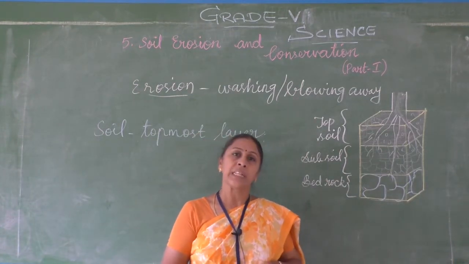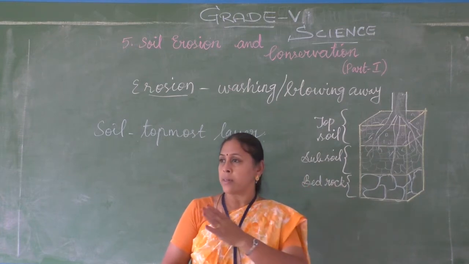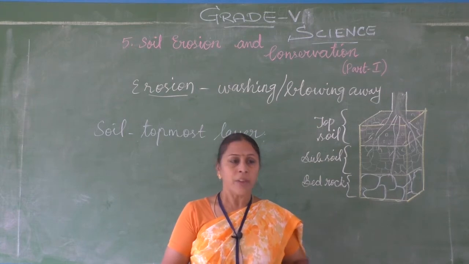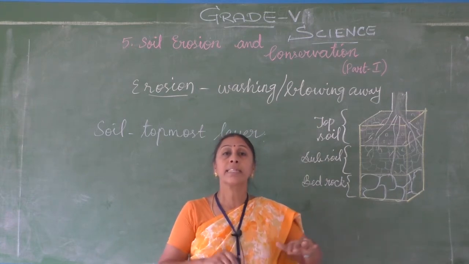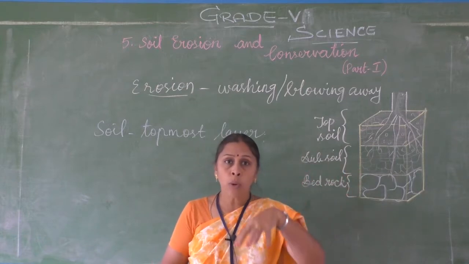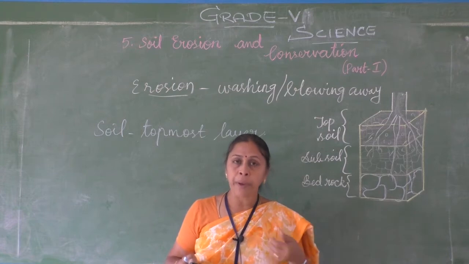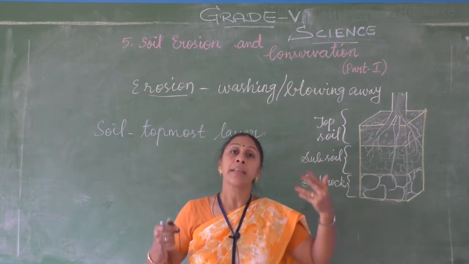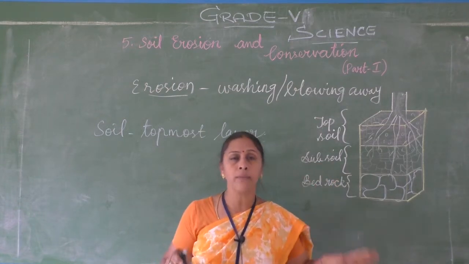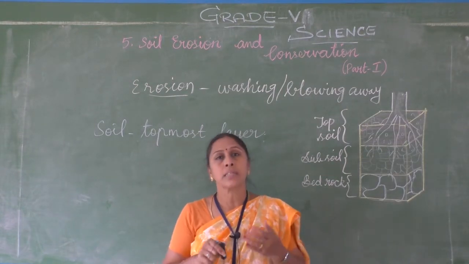Wherever you see, you can find soil. The floor or the ground is covered with soil. That is the topmost layer, and in that only we live. We, human beings, animals, even the plants, all living things live in the top layer called soil.